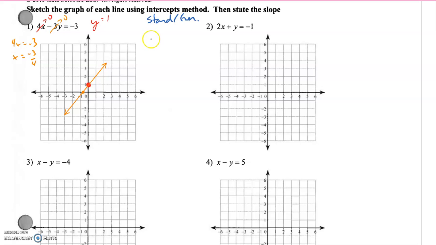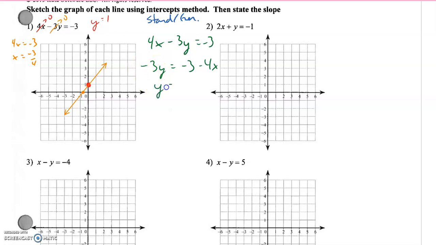If we converted this, I'll start with 4x minus 3y is equal to negative 3. I need the y by itself. So first thing I'm going to do is subtract 4x from both sides. And then I'd have to divide by negative 3 across everything.